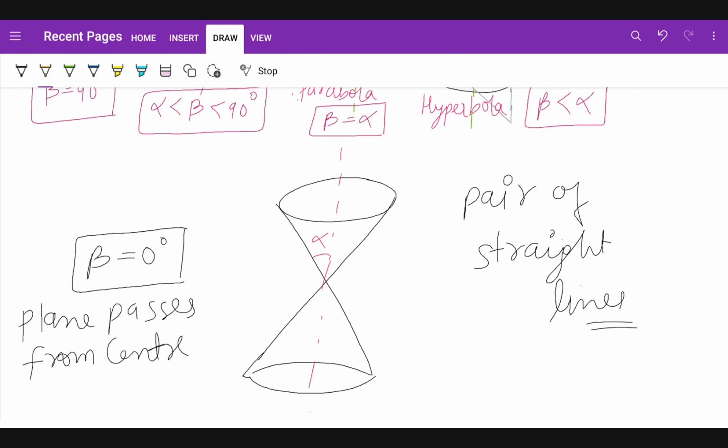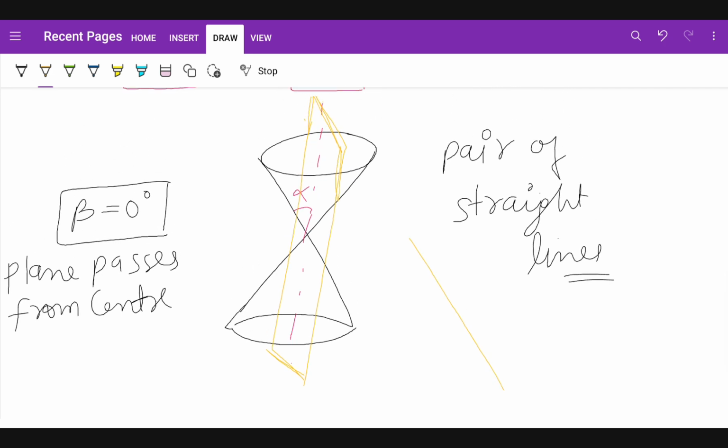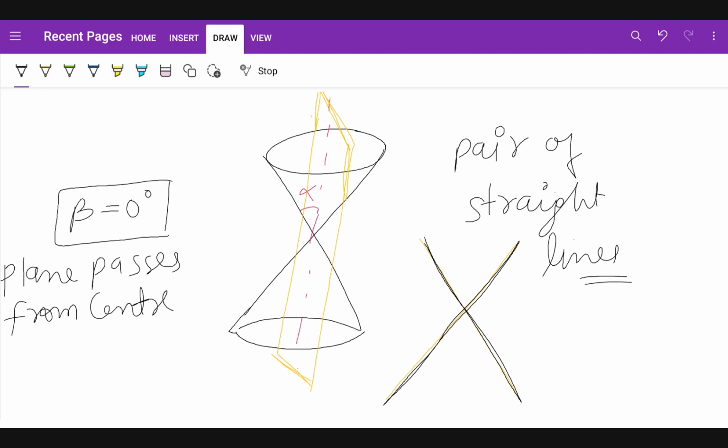So what will it make? Like this. And we will see just a cross, and this is a pair of straight lines. Correct?